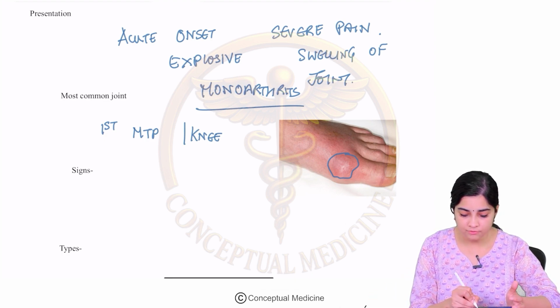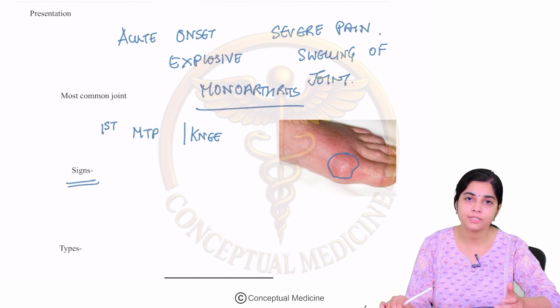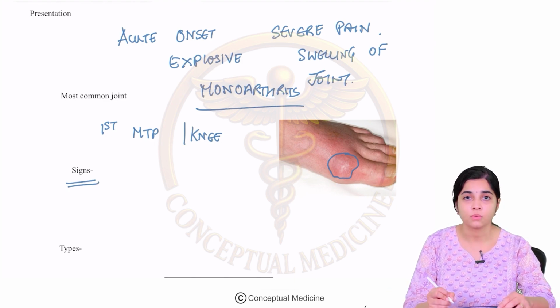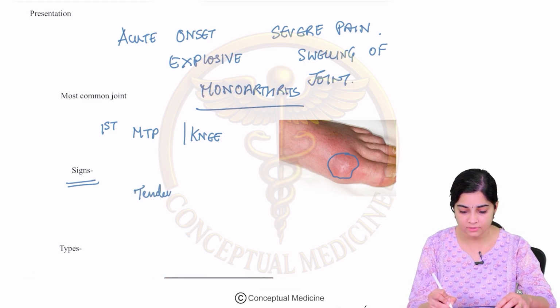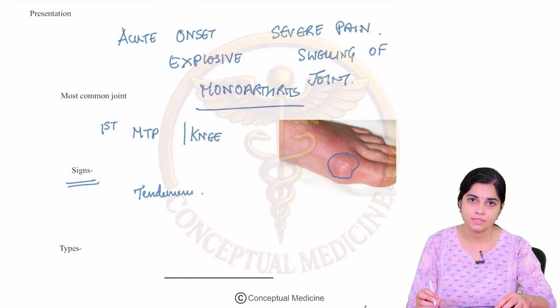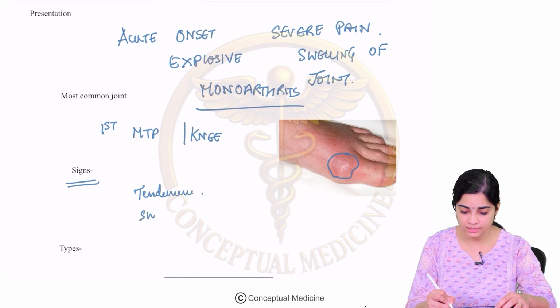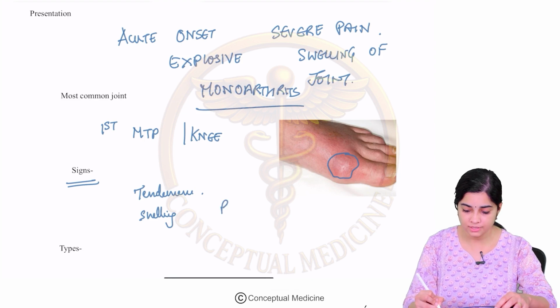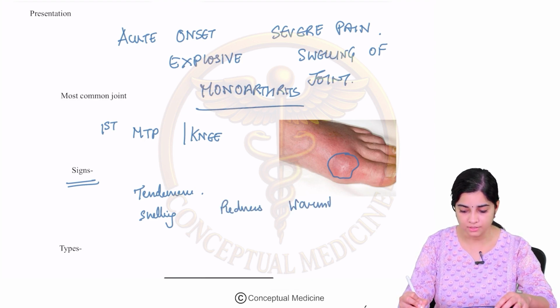So when we speak of the signs, what all can you find? The signs are tenderness, it is excruciatingly painful, there is severe tenderness of the joint, then there is swelling of the joint, there is redness over the joint, there is warmth over the joint.